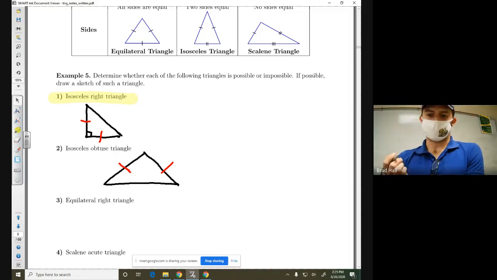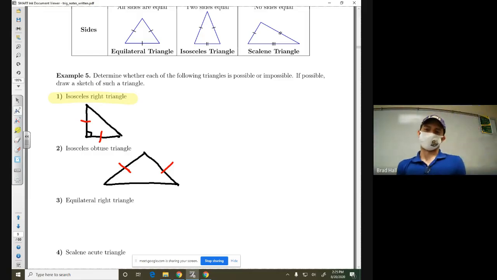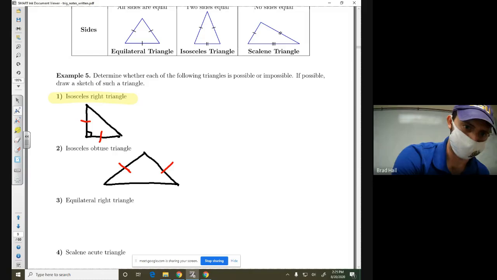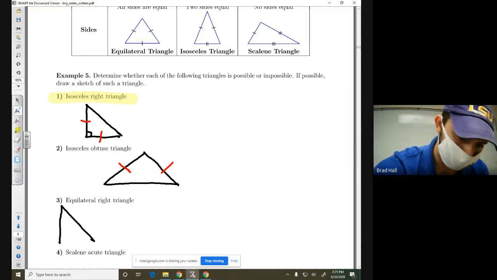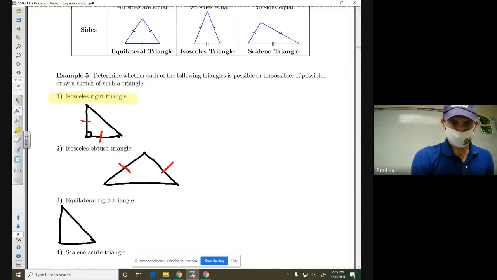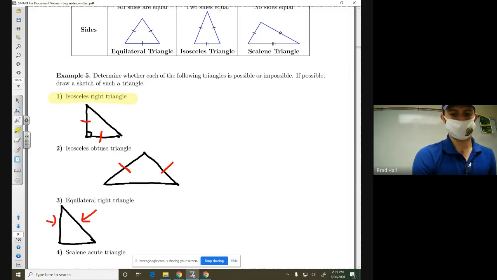So what about an equilateral right triangle? Equilateral means that all the sides have to be the same length. Right triangle, so let's think about this. If I were to draw out a right triangle, then the hypotenuse, which you will slowly learn is this slanty line right here, is always bigger than the corresponding legs, which is this one and this bottom one down here.